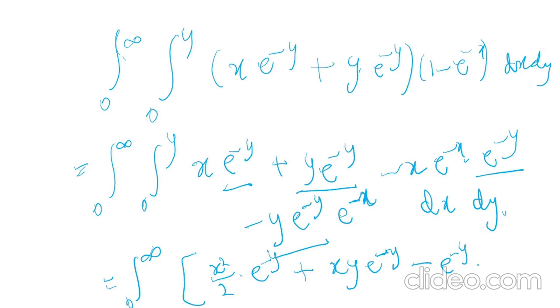So that one will be x e to the power minus x is minus x e to the power minus x minus e to the power minus x and then plus, sorry, minus y e to the power minus y, and then e to the power minus x will come as plus. It will be from 0 to y and here dy.